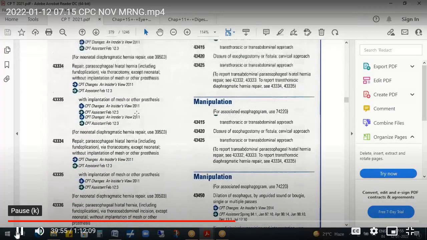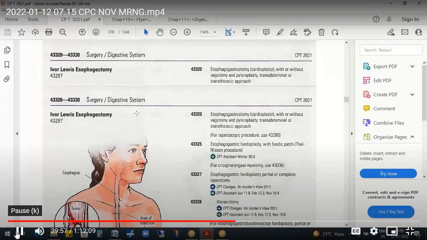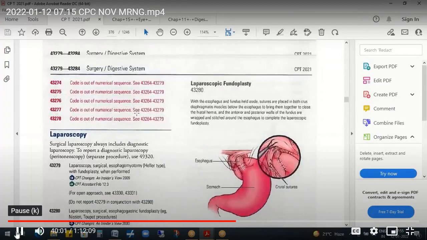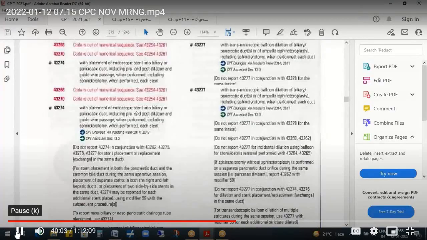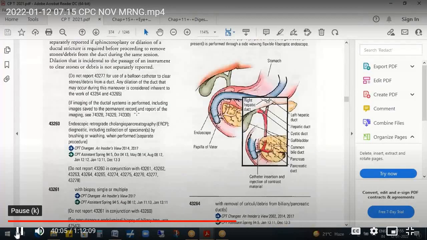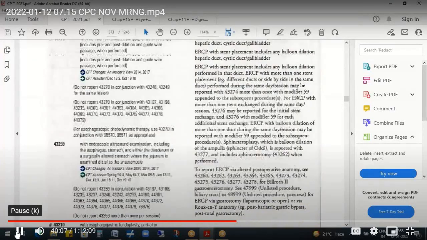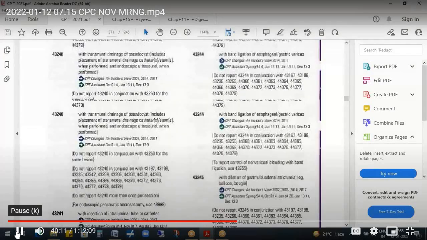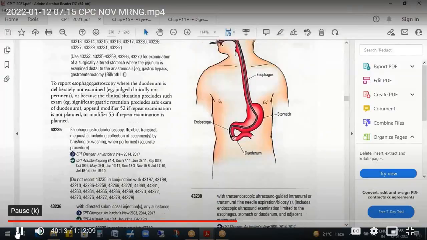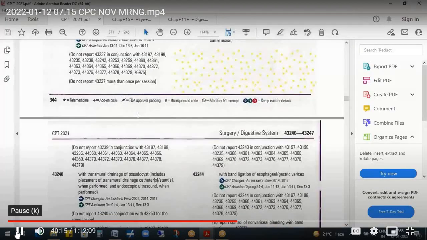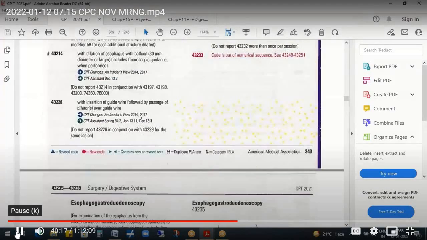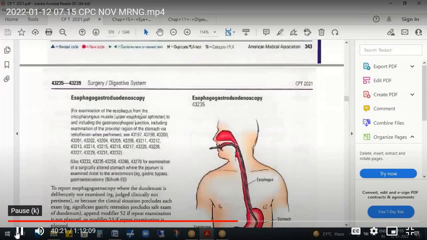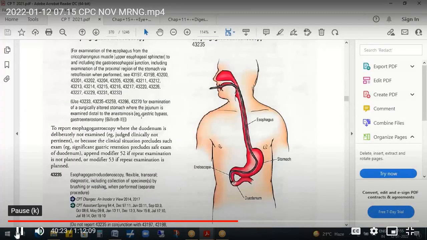Now go for the codes. Go to page number 344.